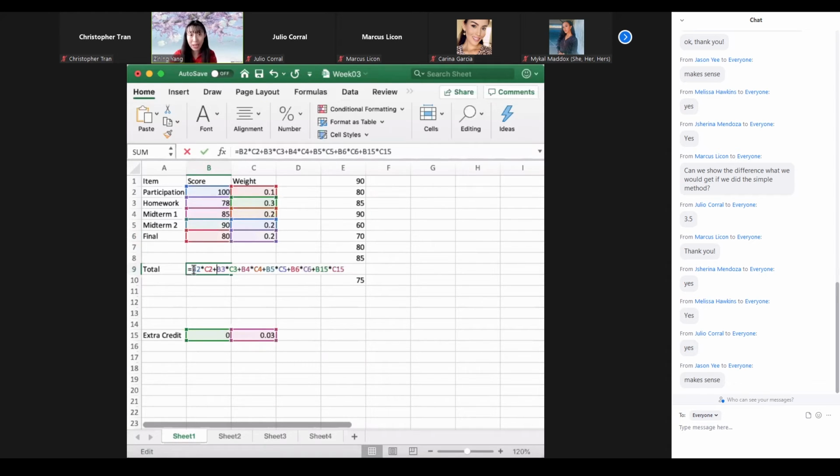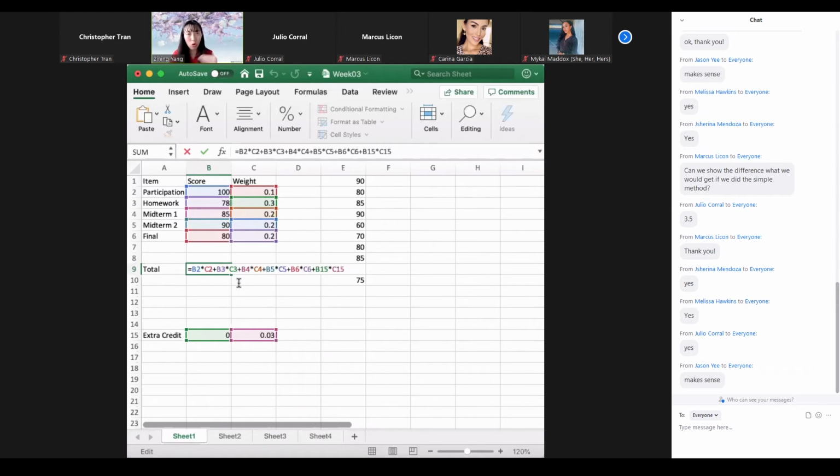And how I calculate your total would be, remember X times W. The weight is obviously the W. X is your score because I wanted to calculate your weighted score. So X times W for each row. So for row 2, B2 times C2. For the next row, B3 times C3.